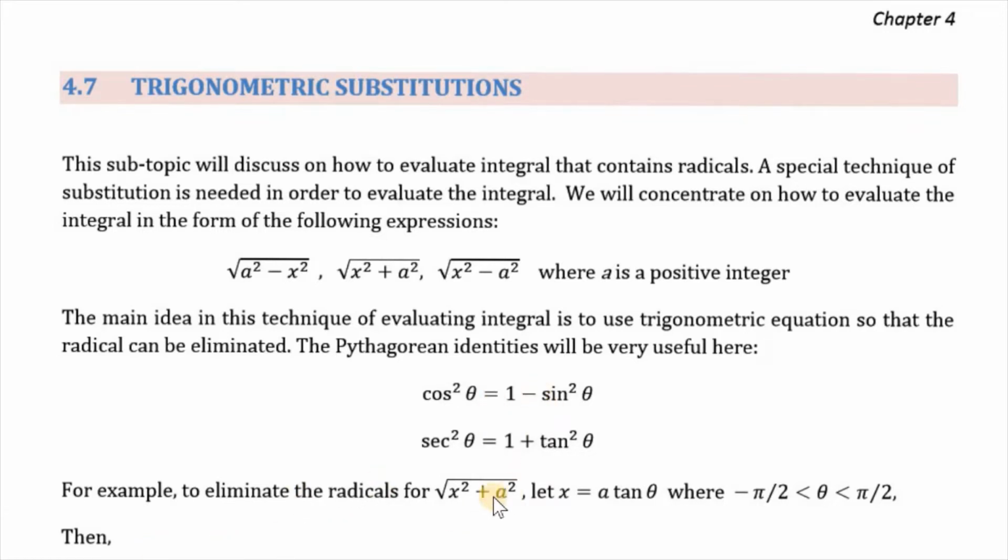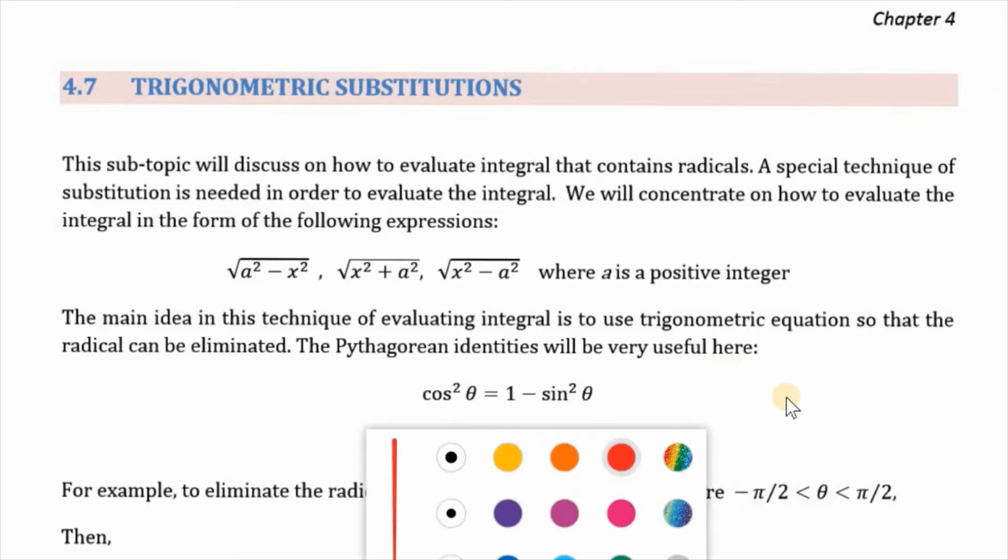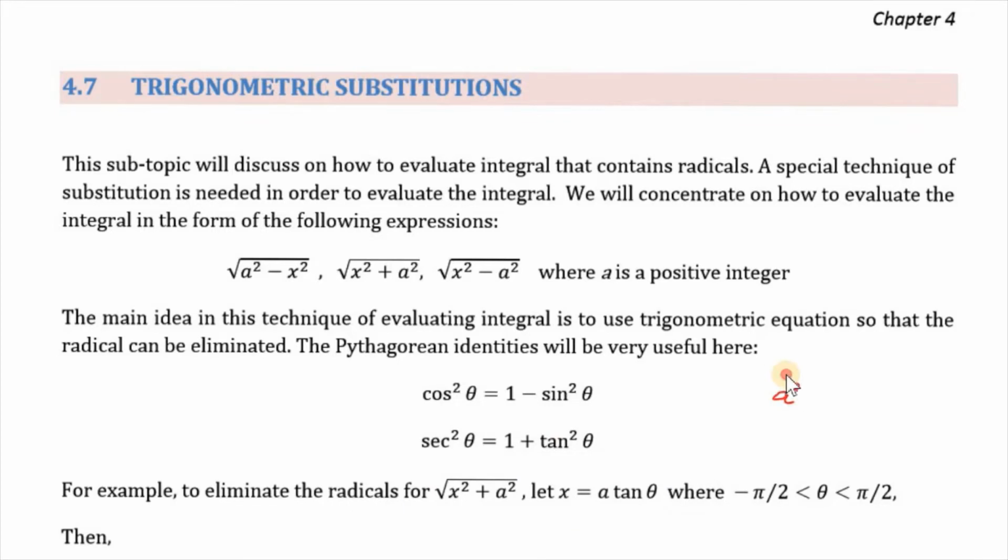So that is the idea, changing it first into a trigonometric function to the power 2. As we know from basic algebra, whenever we have the square root of a squared, we can eliminate the radical and it becomes a. Let's look at an example.